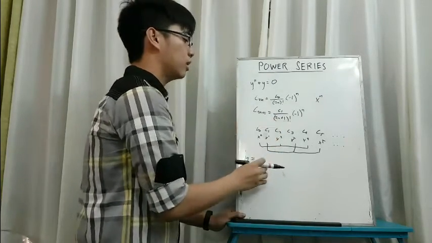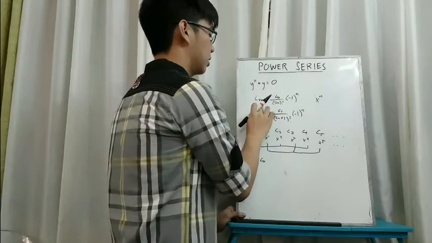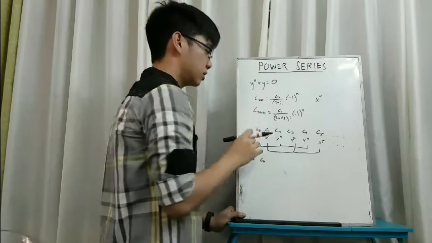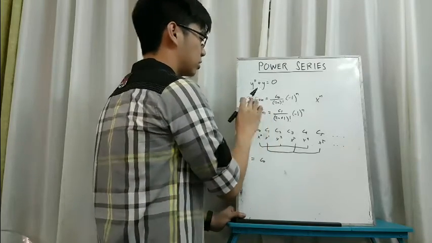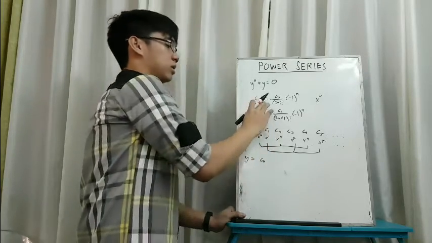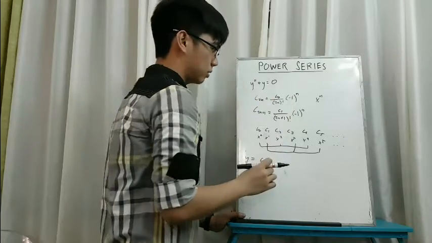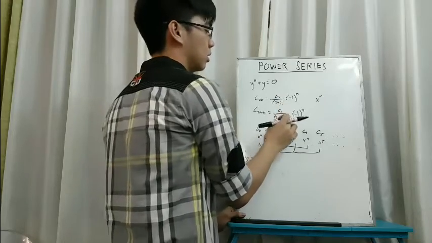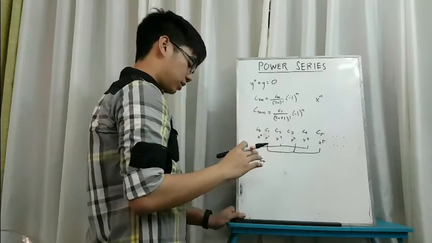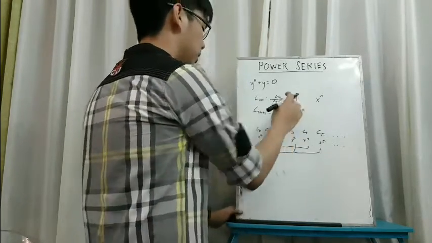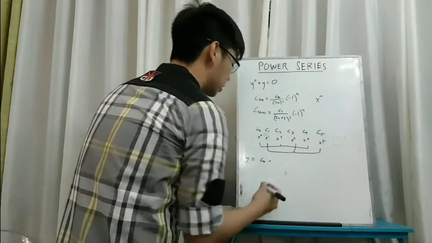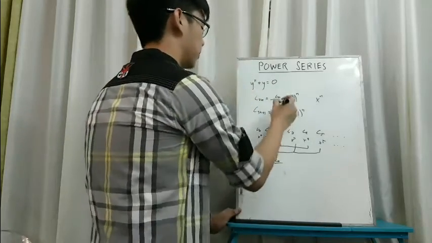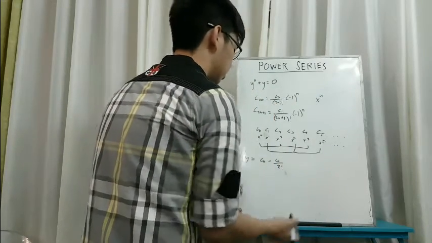Okay, so plugging in 1 into this n, it will give us C2 is equal to C0 all over 2 times 1 is 2 factorial times negative 1 raised to n. So that would be negative C0 over 2 factorial.